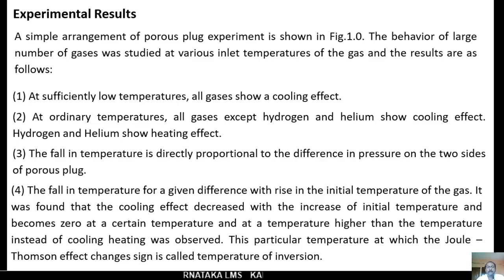It was found that the cooling effect decreased with the increase of initial temperature and becomes zero at a certain temperature, and at a high temperature, instead of cooling, heating was observed.